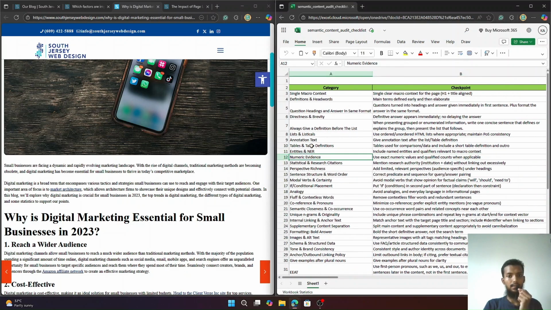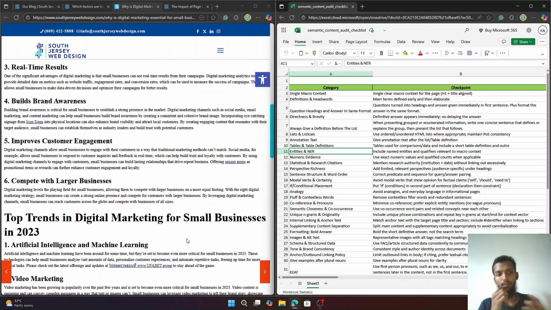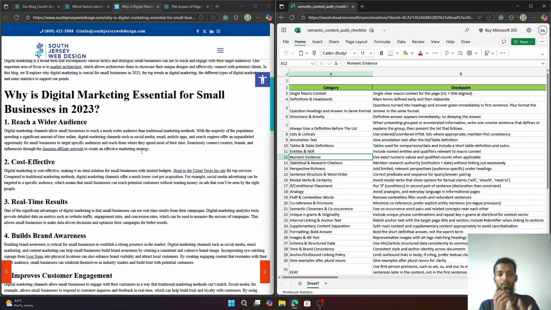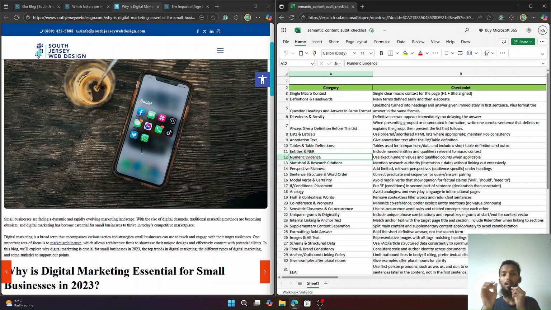So this is a part they definitely can improve, if they use data. The next one is numeric evidence. They could definitely get more attention of the algorithm, because the algorithm understands entities and numeric evidence fast.